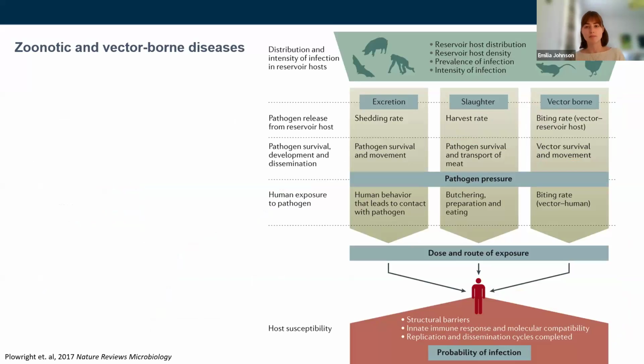So this is the intense bit. Likelihood of spillover is the key thing here, and it's determined by the interaction of several factors, including pathogen dynamics in the reservoir and exposure of susceptible host species.